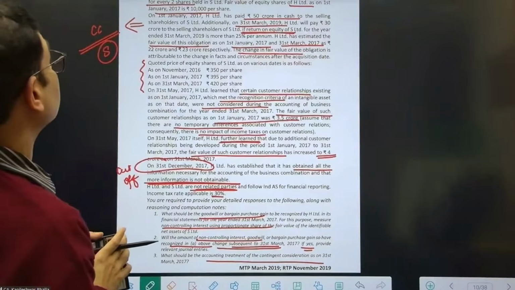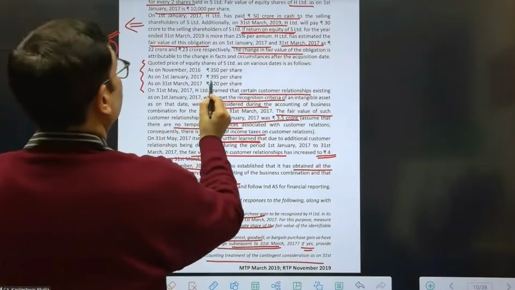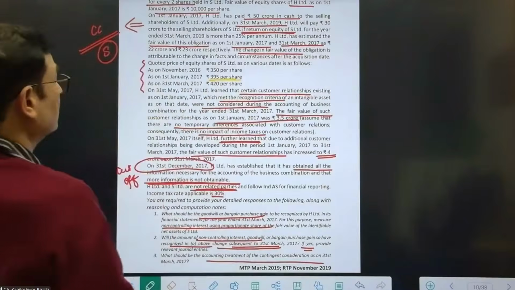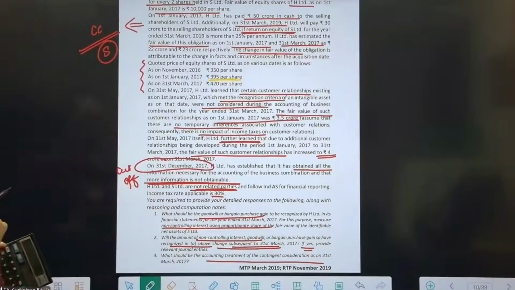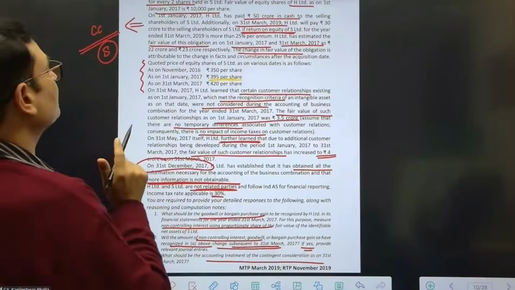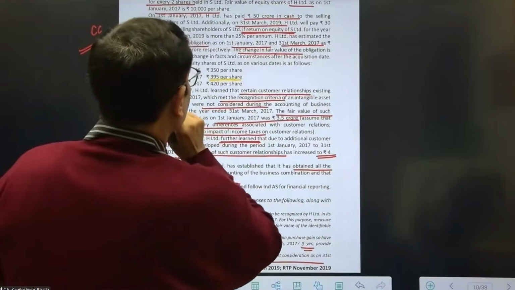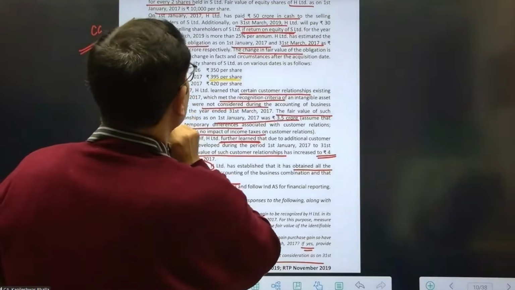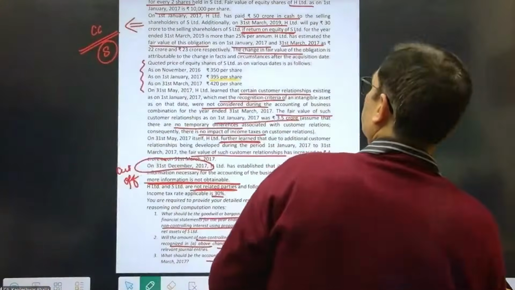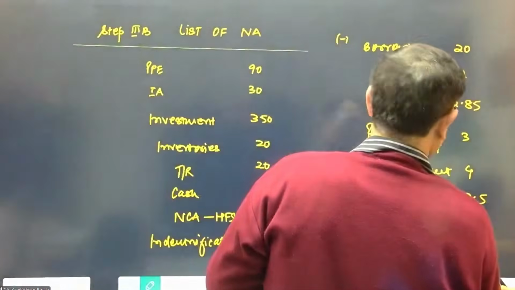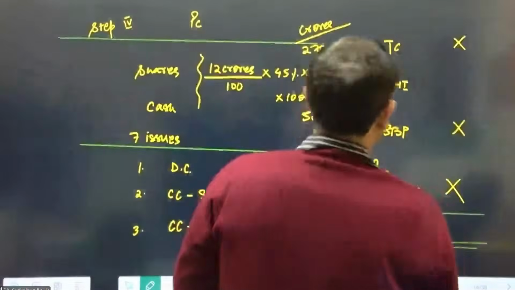That is as of 1st January. 395, that's right. But we need the fair value of the shares now. This is the quoted price on various dates, but we need the fair value as on the date of acquisition, that is 1st January, correct? So we consider the fair value of the PHI.